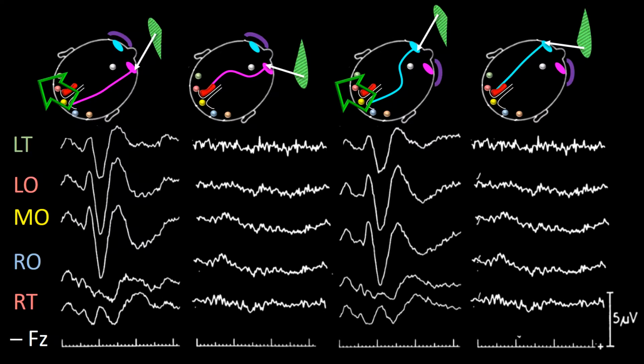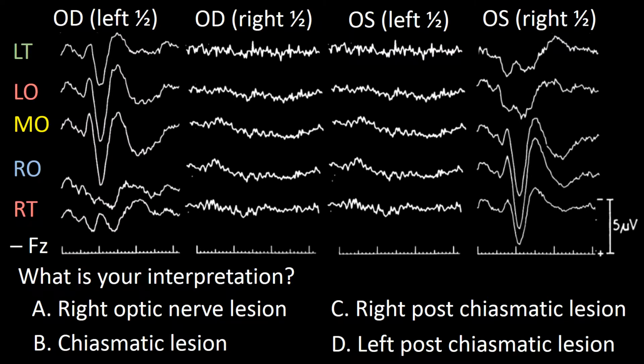This pattern is characterized by absence of P100 in the right eye with right visual field stimulation and absence of P100 in the left eye with right hemifield stimulation. So the answer to this question is B.